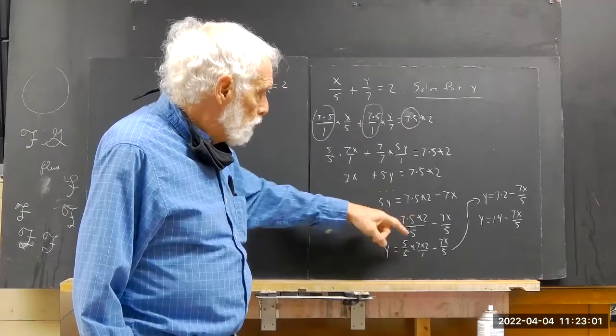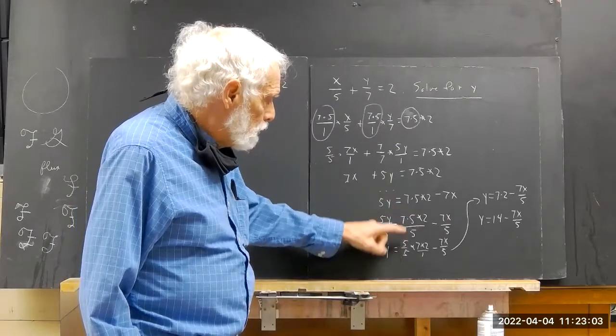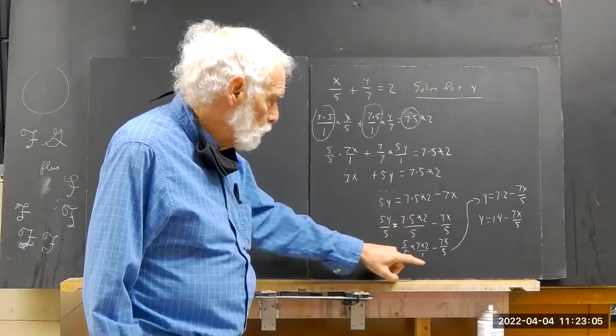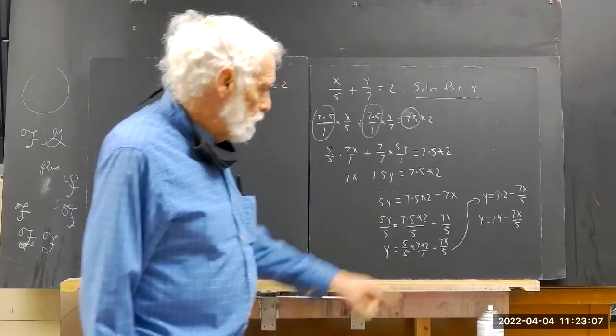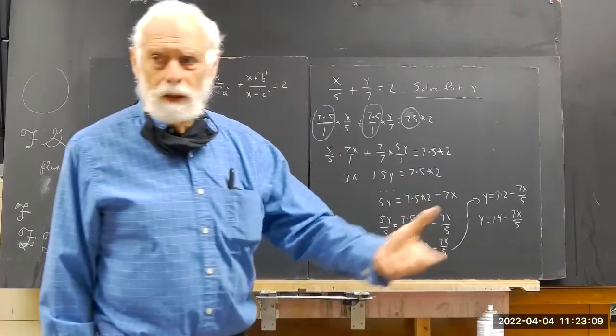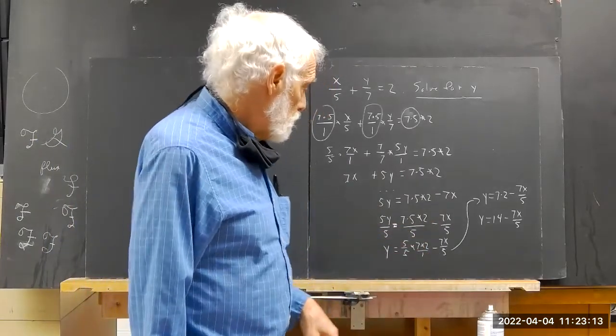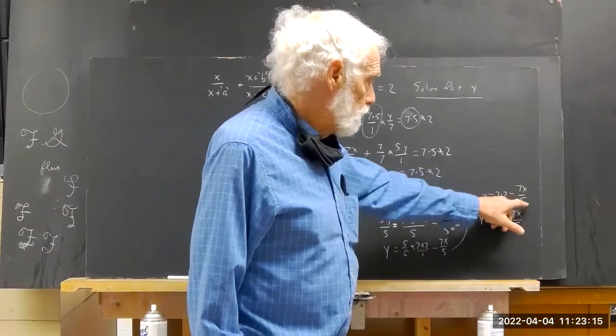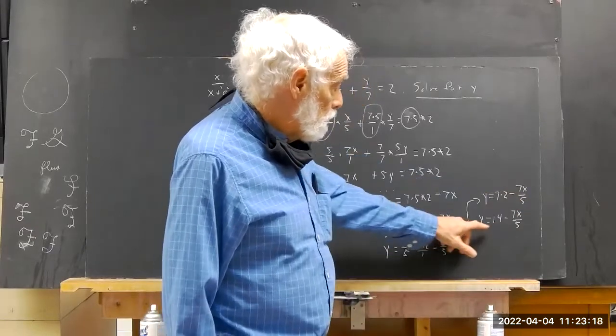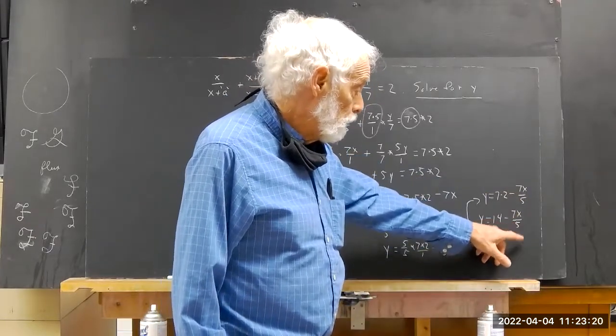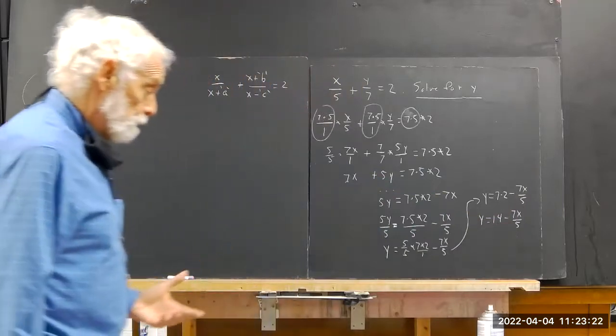And over here, we're going to write the 5 over the 5, and then the 7 times 2 over 1. Over here, 7x over 5, there's nothing to do with that, nothing factors. So we get y equals 7 times 2 minus 7x over 5, 14 minus 7x over 5, and we're done.